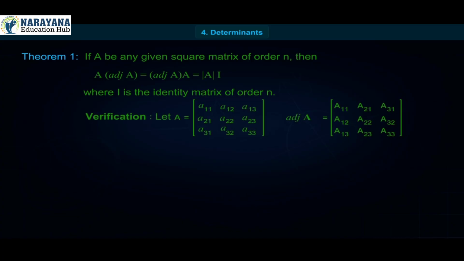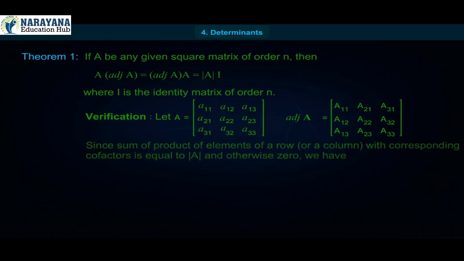Let A = [a11, a12, a13; a21, a22, a23; a31, a32, a33]. Adjoint A is equal to [A11, A21, A31; A12, A22, A32; A13, A23, A33].